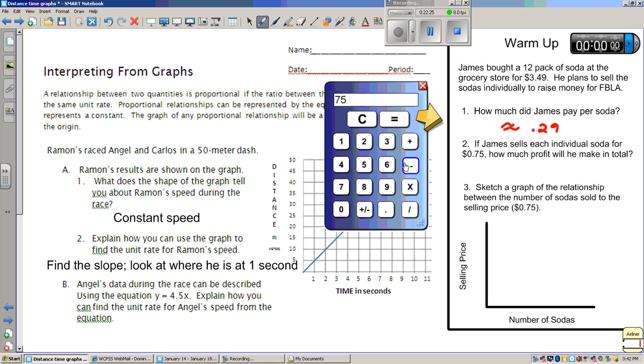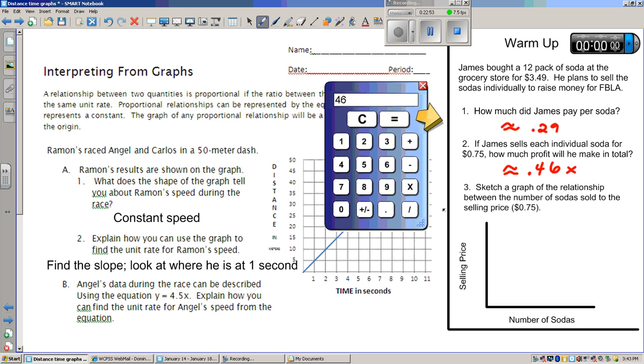75 cents minus 29 cents. Let's see. Might not put the decimals in there good, but. All right, did you get 46 cents? Okay, so he's making 46 cents off of each individual soda. But he has 12 sodas that he's selling.